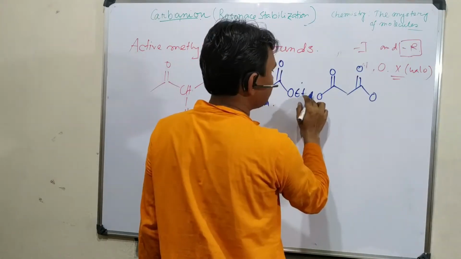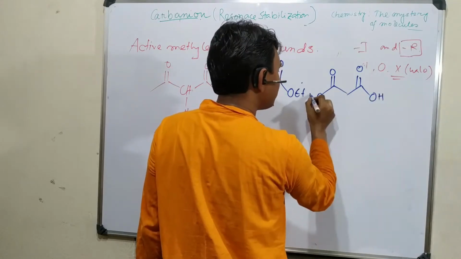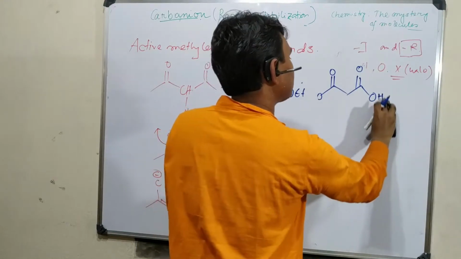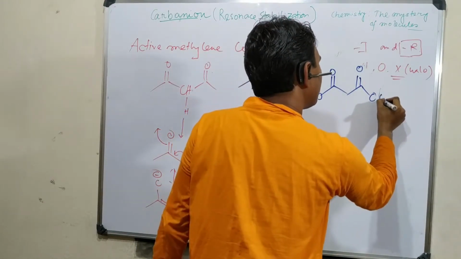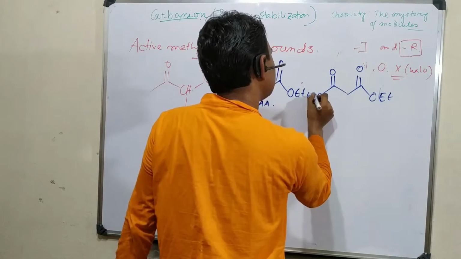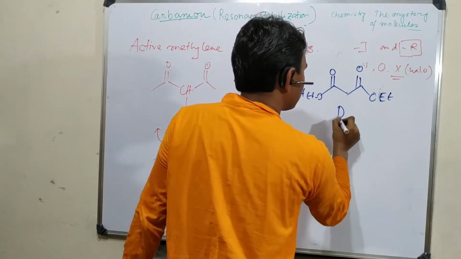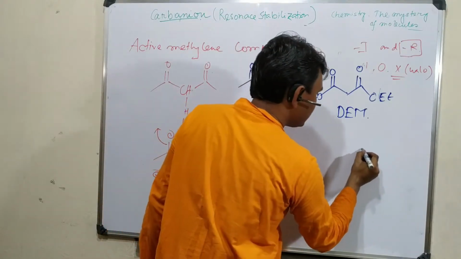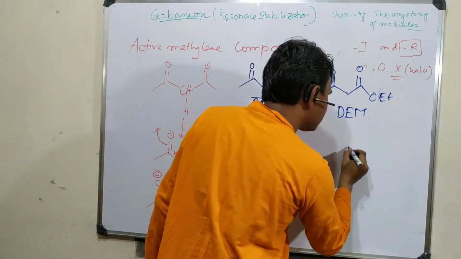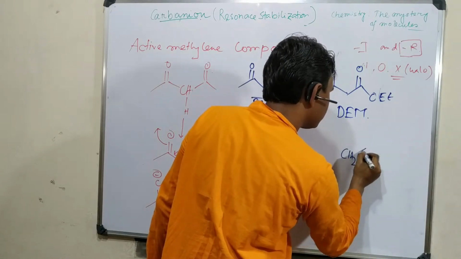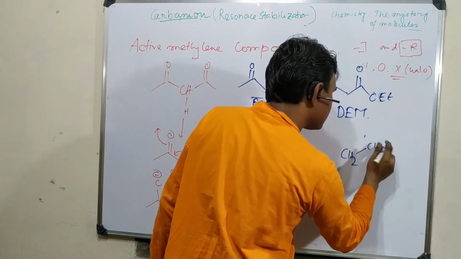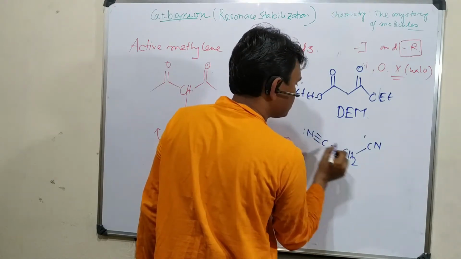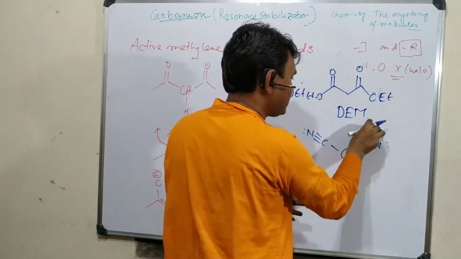This is malonic acid if we take both as OH, but if the OH is esterified as OEt, this is diethyl malonate, called DEM. Another material is dicyanomethane, with two CN groups. If we write it out, it will be easier for you to understand.